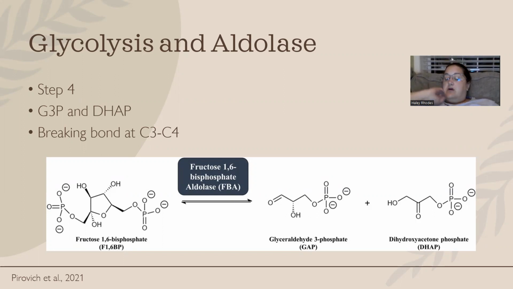The molecules are glyceraldehyde 3-phosphate, or G3P, and dihydroxyacetone phosphate, or DHAP. When taking a look at the reaction, aldolase will cleave or break the bond between the third carbon and fourth carbon.